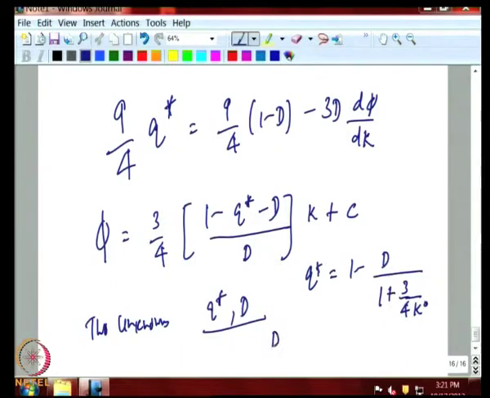Notice that when d goes to 1, this becomes, when d equals 0, of course, q star is 1, we know that result. Now, this is a very important result and we would like to understand and explain the result vis-a-vis the result we obtained earlier for the gray gas.